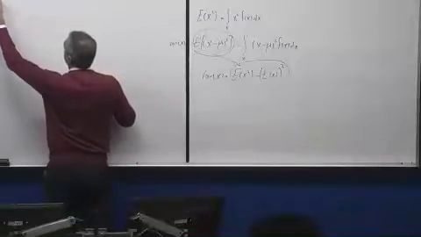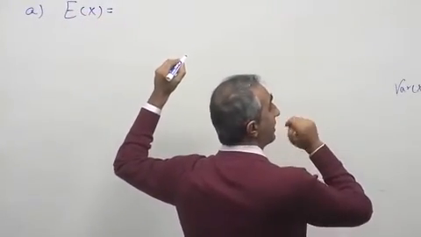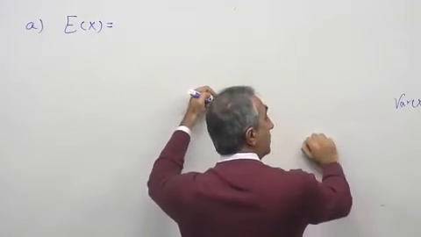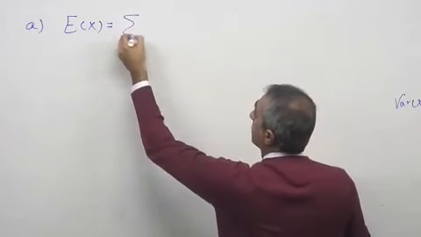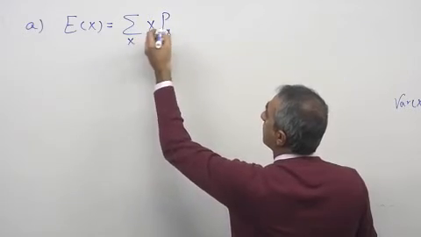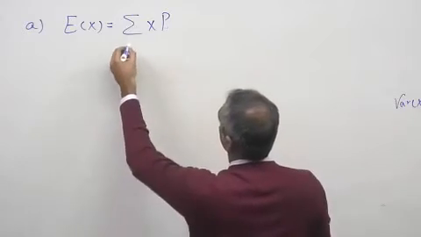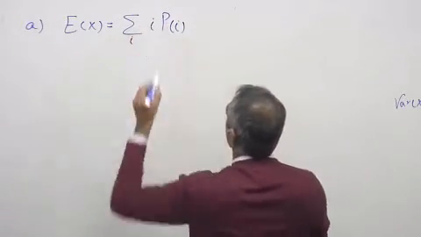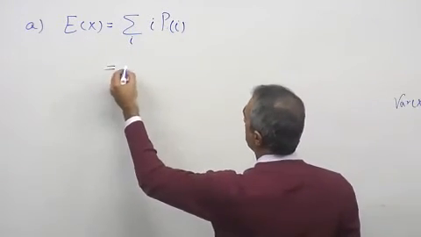We know that the expected value, it says mean and variance. Let's call this I. This is the equation for expected value, which is simple.